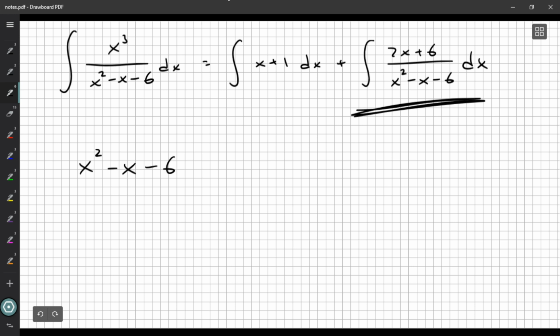So can we think of two things that multiply to negative 6 and add to negative 1? Negative 3 and 2. Although we could use the quadratic formula if this just didn't come to mind right away.